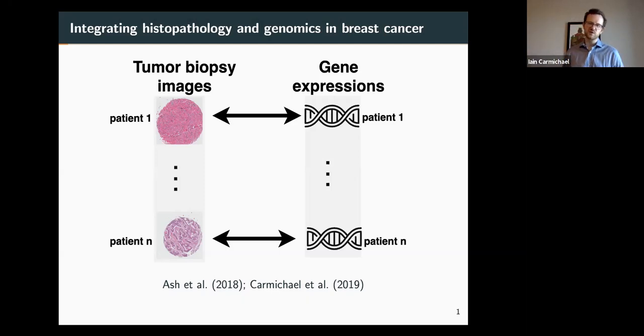This project was motivated by the applications I worked on in grad school on integrating breast cancer histology and genomics. So in cancer, there's sort of two broad approaches to studying and diagnosing cancer. The first is histology or histopathology. That's where a doctor extracts a piece of possibly cancerous tissue, and that tissue is then visually examined by a pathologist who makes various determinations, things like tumor grade or histological subtype.